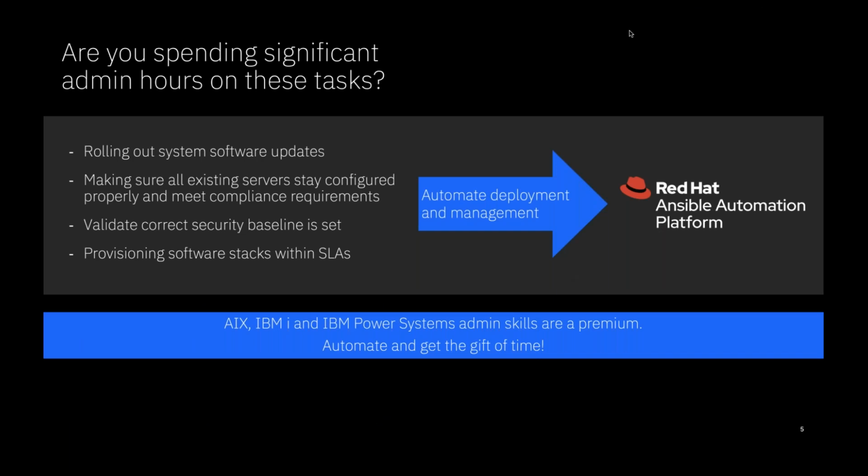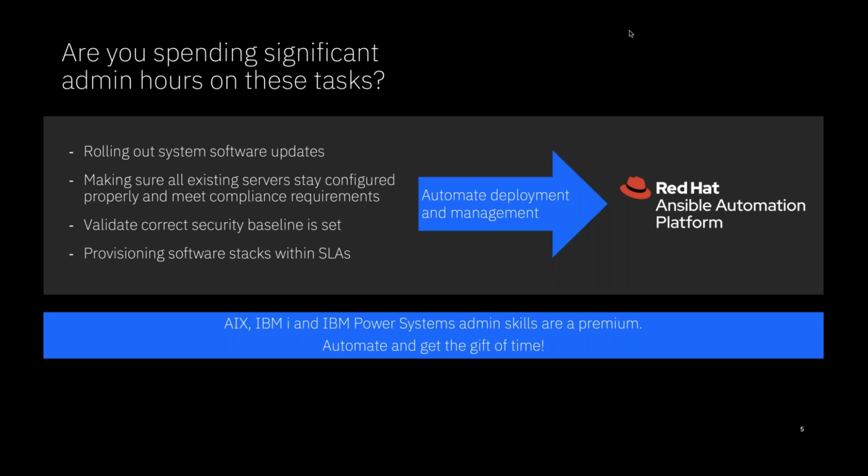One of the things that we've been hearing, and why we were so excited to enable the Red Hat Ansible platform for Power Systems, was that we had been talking and surveying and working with our clients, and we're finding more and more, especially these days, people are spending a lot of precious administrative time performing sometimes boilerplate tasks and doing the same things over and over using manual processes.